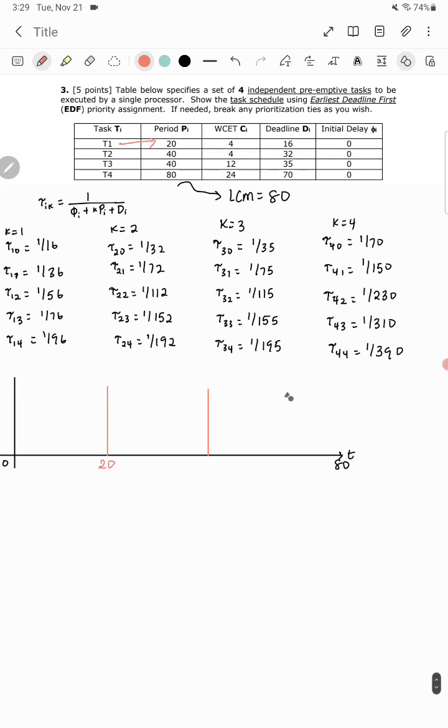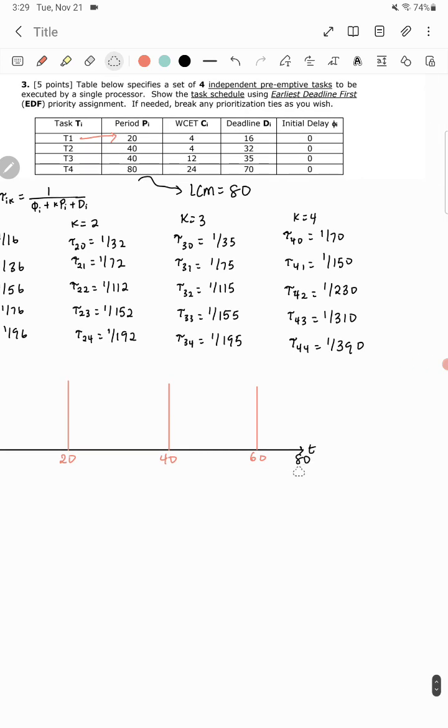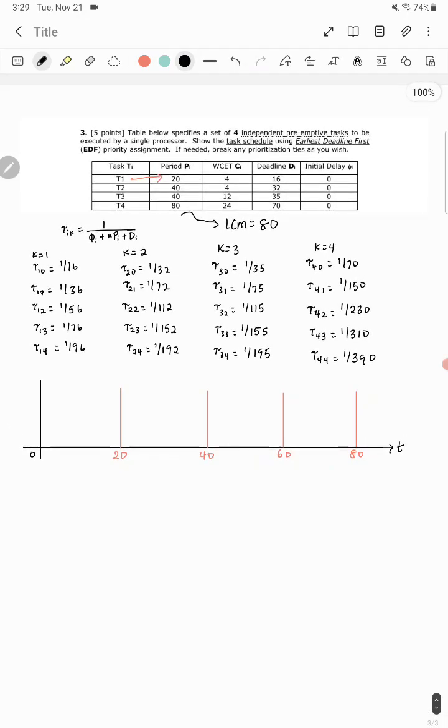This is 60. And then at another interval of 20, we have T1 preempted here again. This is 80. Okay, so this is what your timing diagram should look like so far.